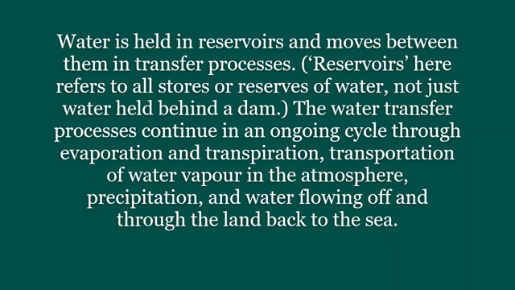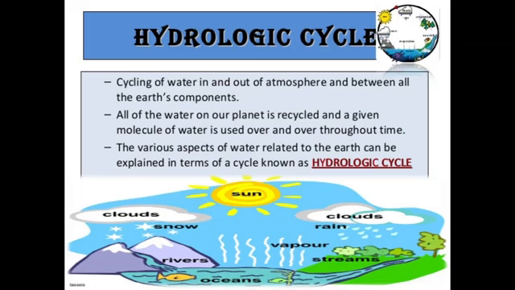The water transfer process continues in an ongoing cycle through evaporation and transpiration, transportation of water vapor in the atmosphere, precipitation and water flowing off and through the land back to the sea. So this is how the water cycle takes place. I've explained the whole mechanism.